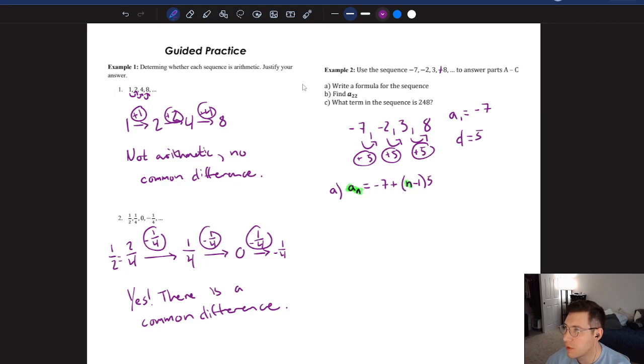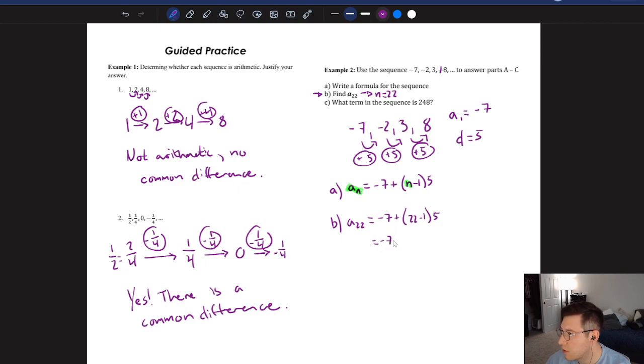And so, for example, right, part B says, okay, well then find a sub 22. And so for part B, what this is really saying is that n is going to be 22. And so a sub 22 is going to end up being negative 7 plus 22 minus 1 times 5.